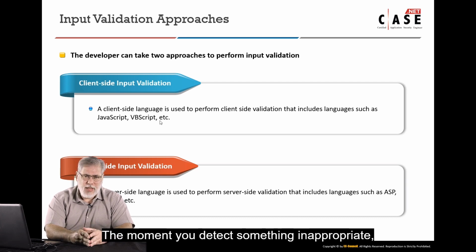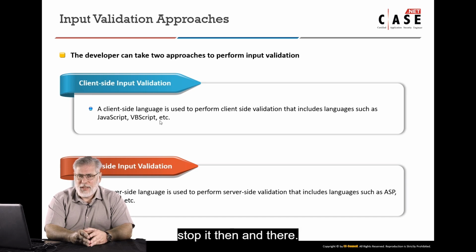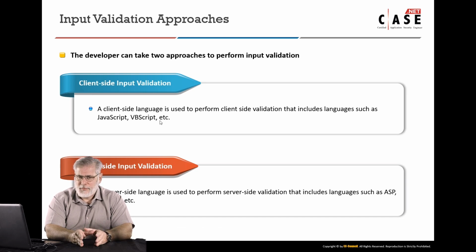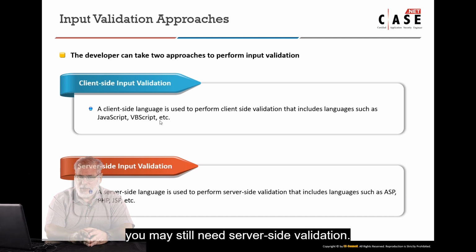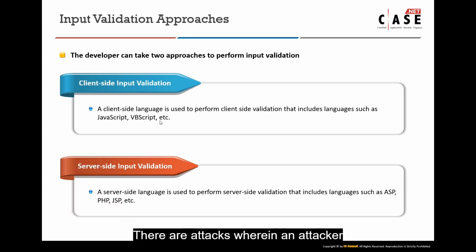The moment you detect something inappropriate, stop it then and there. Don't let this continue. However, no matter how much you do client-side validation, you may still need server-side validation. There are attacks wherein an attacker can basically make an end run around your front end and send data directly to the server.